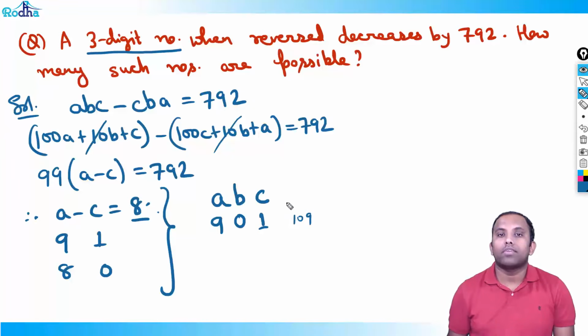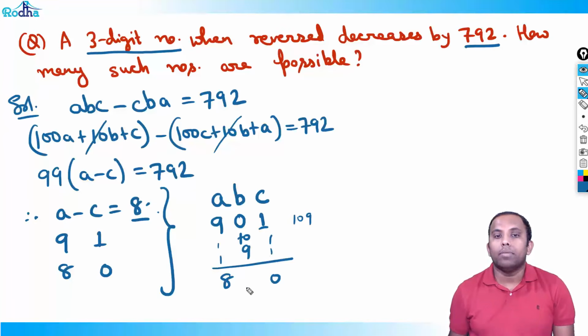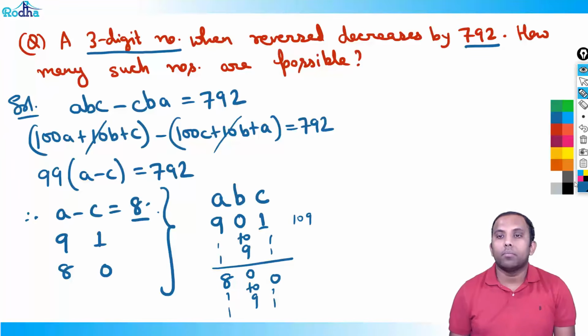What is the difference? 792. This was asked. So when A is 9 and C is 1, B can take all 10 values. Similarly, when A is 8 and C is 0, B again can take all the values from 0 to 9.